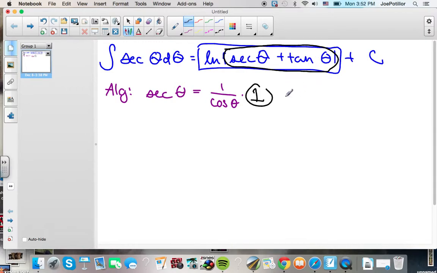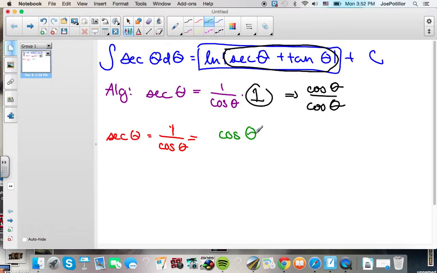So we'll multiply by cosine. So secant of theta is going to be 1 over cosine of theta, which is the same thing as cosine theta over cosine squared theta.